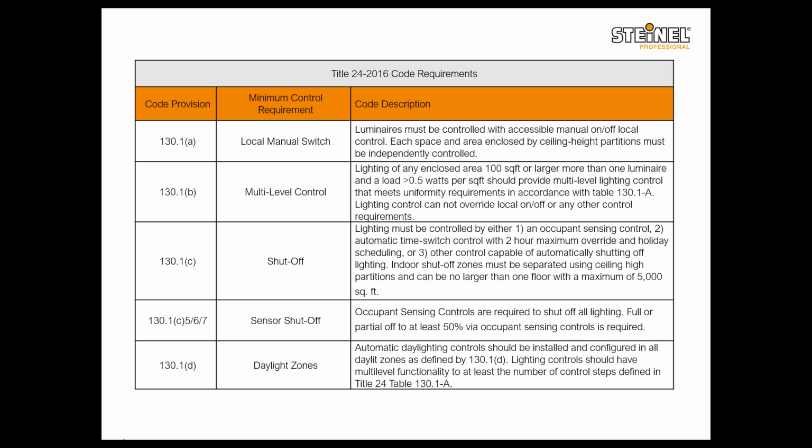Nowadays, with LED fixtures, that would be 0 to 10 volt, well, as per the code, 10 to 100% continuous dimming, which means you need to have some sort of 0 to 10 volt dimming on your sensor or in your control method.